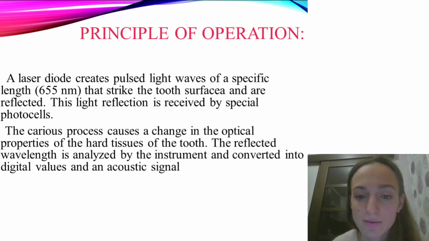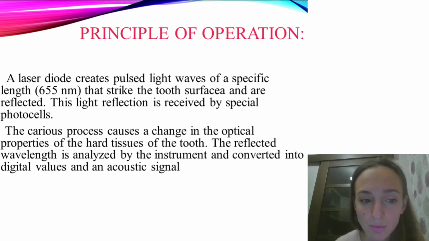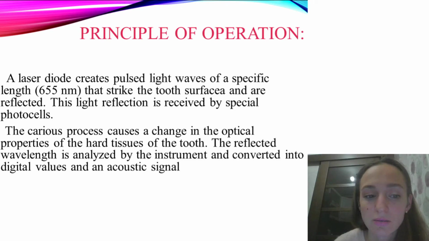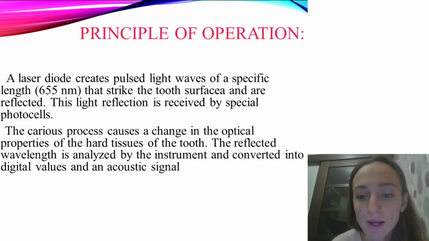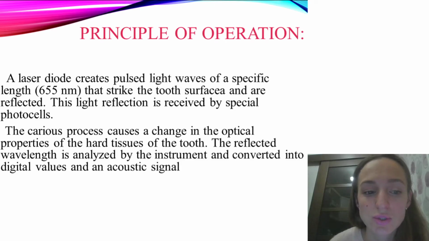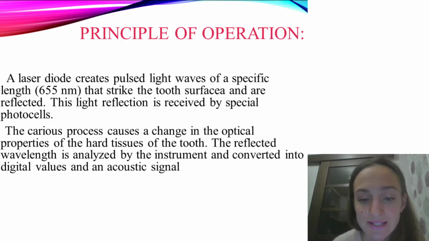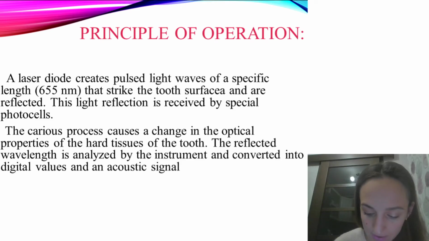This light reflection is received by special photocells. The caries process causes a change in the optical properties of hard tissues of tooth enamel, and the reflected wavelength is analyzed by the instrument and converted into digital values and an audible signal. Next one.